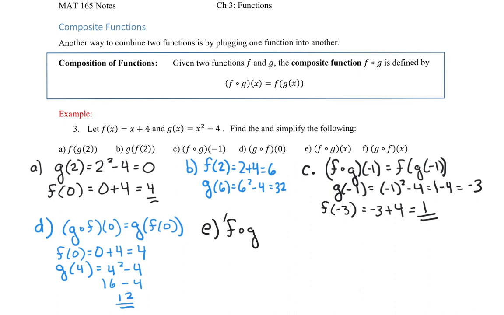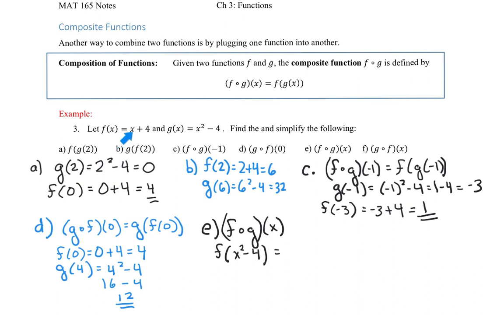In letter E, they don't give us a number to plug in. They just ask us to find the composition of f of g of x. So what we need to do here is plug g, which is x squared minus 4, into f. So if you look at f, the function says x plus 4.